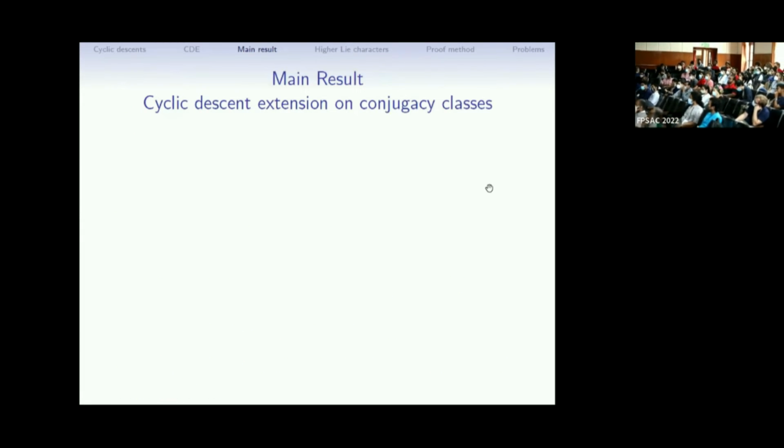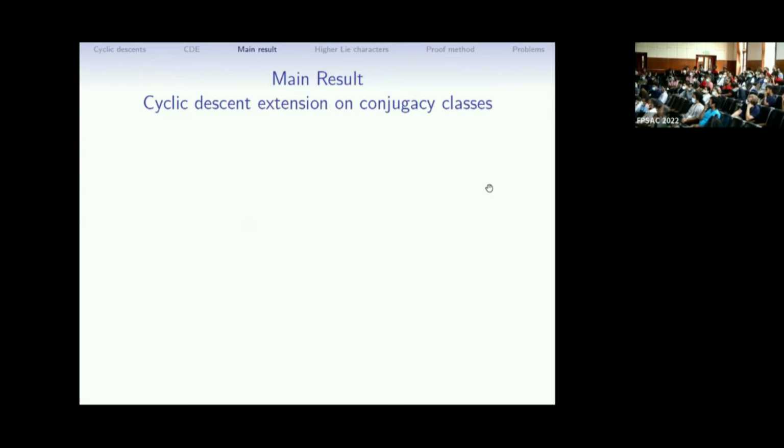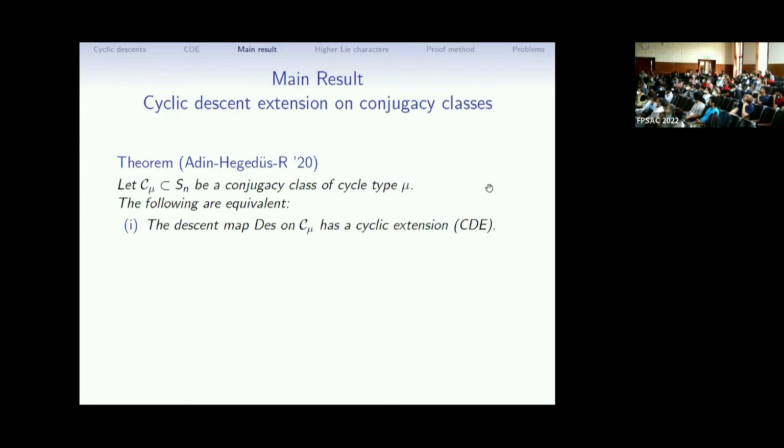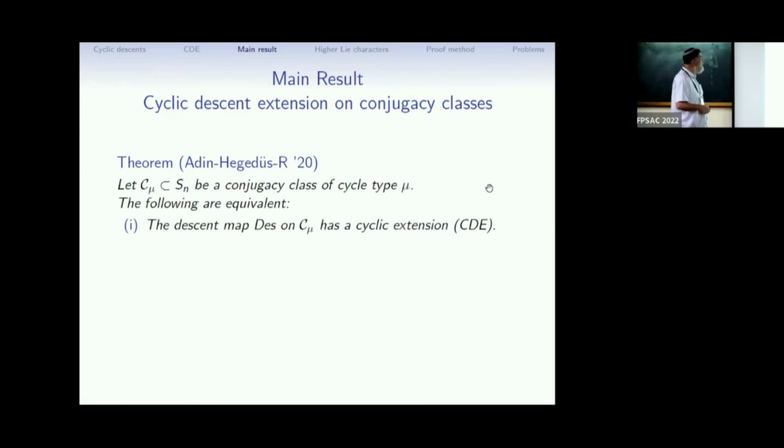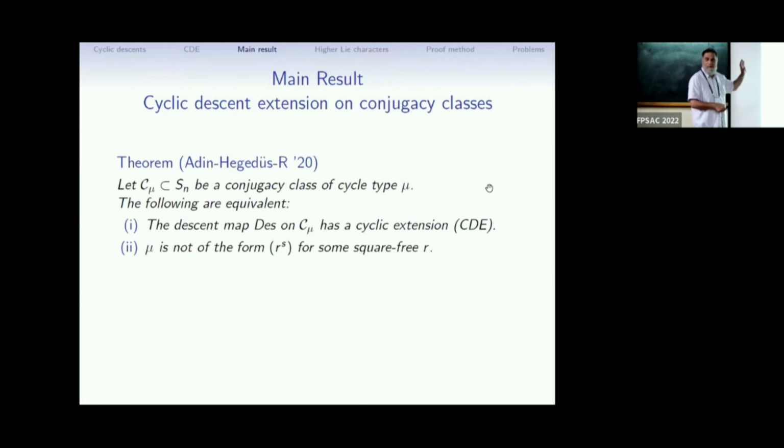Anyway, what is the main result? The main result is that a conjugacy class of cycle type mu has a cyclic descent extension if and only if mu is not of the form r^d s for some square-free r. So, for example, if there are cycles of distinct lengths, this is always okay.